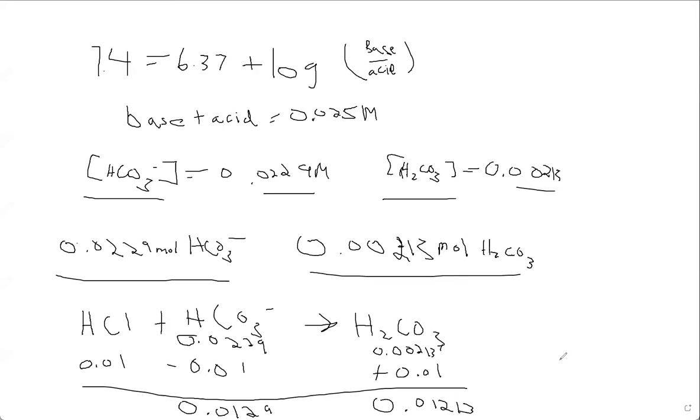Now, if we want to find the concentrations of these, we have to then divide by the volume, okay? But if we're going to put this right into Henderson-Hasselbalch, we don't necessarily have to solve for the volume. You can use moles in this case because the volumes will cancel each other out. It's just a ratio.